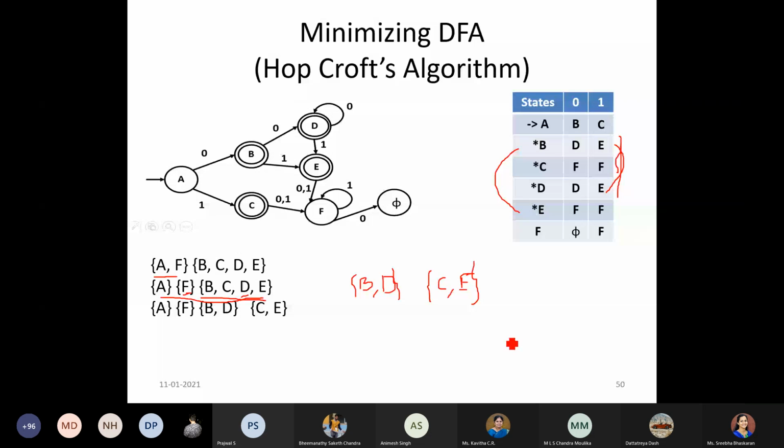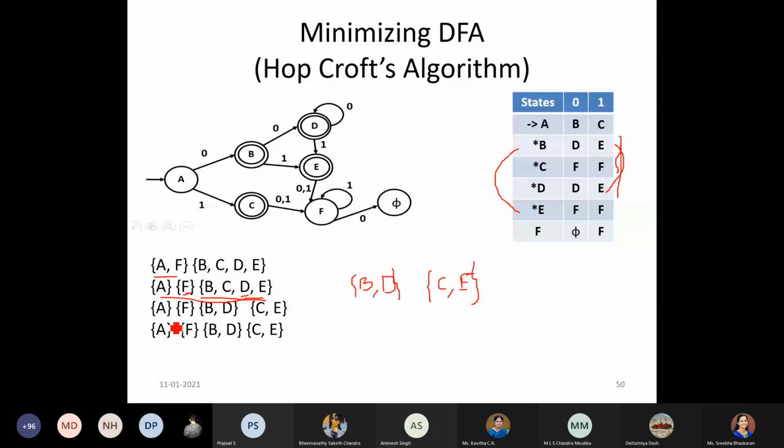Yes, ma'am. Okay, so now we can't stop. We have to finalize it. So one more iteration we will pick up. We will pick A as a single state, F as a single state. Now we have to check whether B and D will still go together.